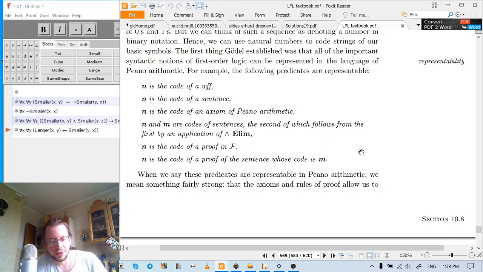So, when we say these predicates are representable in Peano arithmetic, we mean something fairly strong: that the axioms and rules of proof allow us to prove all and only the true instances of these predicates. I didn't get that, okay? So if P is a proof of S and N and M are their codes, then the formal version of the last sentence on our list would actually be a first-order consequence of the Peano axioms.